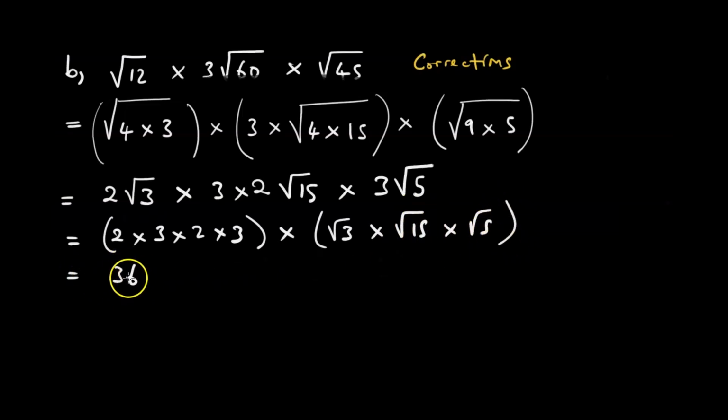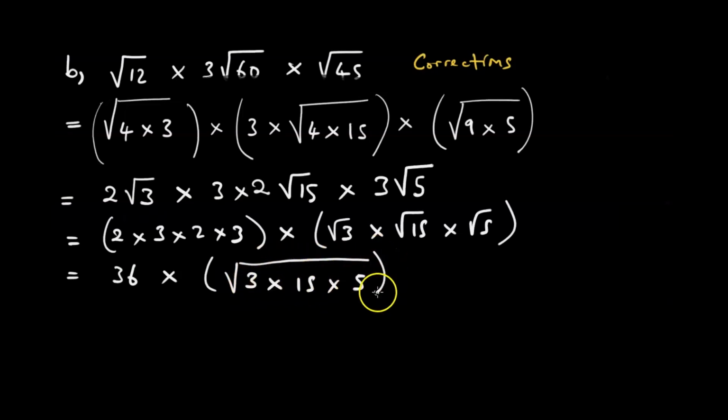Here we will get 36 multiplying the square root of 3 times 15 times 5, of which 5 times 3 is 15. So here we only need 15 times 15. 1 times 5 is 5, 1 times 1 is 1, 5 times 5 is 25, so 2 here, 5 times 1 is 5, 6, 7.